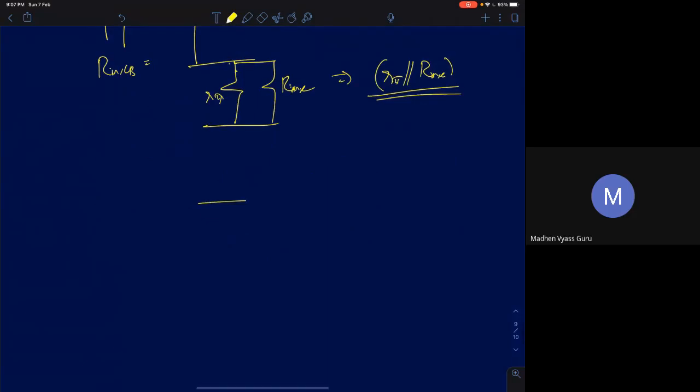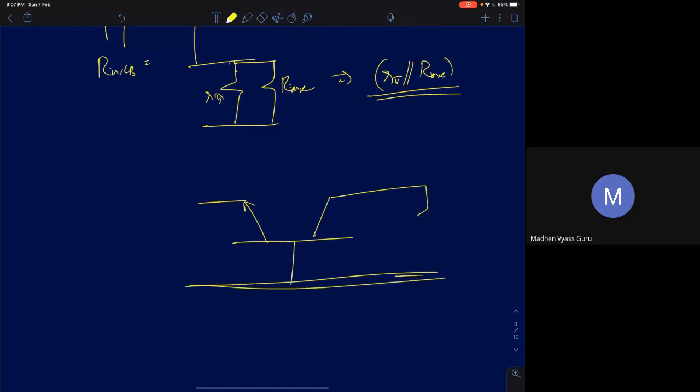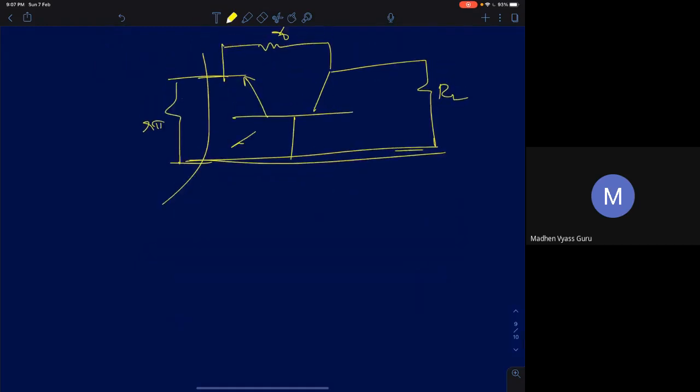I'll do the derivation once, then I'll give you an intuition for this, and we'll look at the concluding remarks for BJTs. Right now I've taken R pi separately out. So we'll draw the small signal model for this.